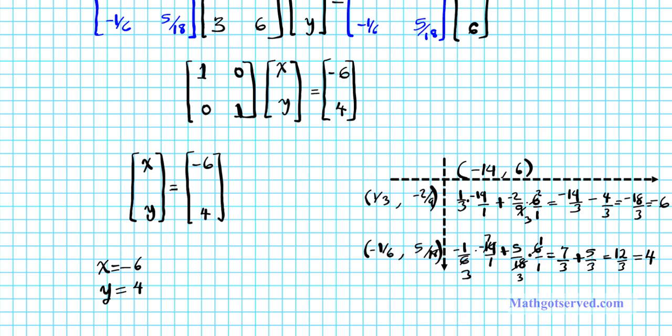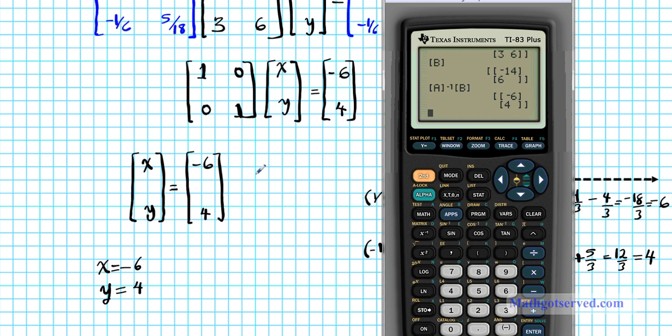Let's see, is that what we have? Excellent, that's exactly what we have. So this is the solution to our matrix equation. It tells us that x is -6 and y is 4. All right, so that's that.